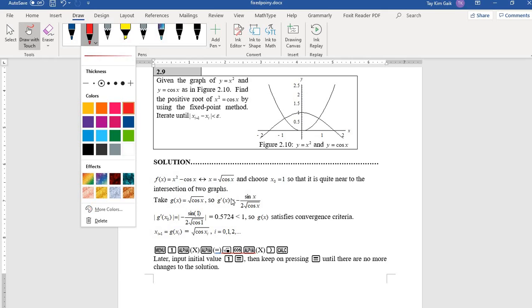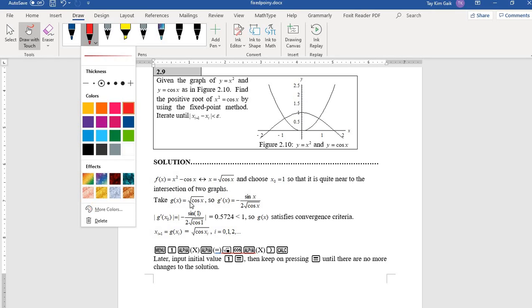Then you need to find the derivative of your g(x), and you get g prime x. For the square root of cos x, you have sin x, negative, because the differential of cos is negative sin x. Then you have this power half, that's why you got half here.